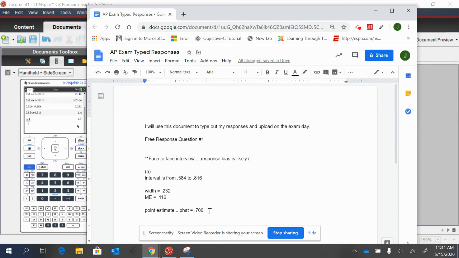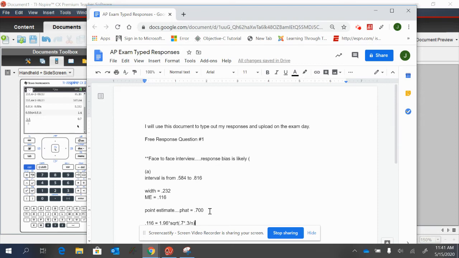Okay. So now we're ready to get the sample size. All right. The margin of error equals the critical value. It was a 95%, I believe, so that's 1.96 for the critical value times the standard error of the statistic, which is the square root of 0.7, because that's what p was, times 0.3.